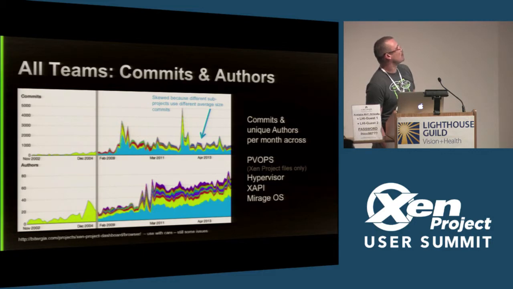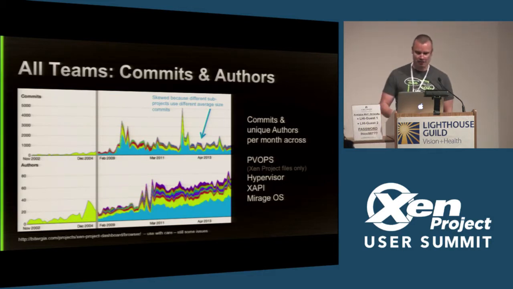This shows you the number of developers who are active at any given month in the project. And you can see that that's been growing to about, on average, 80 developers a month. And that's basically code submissions by 80 people, every single month.